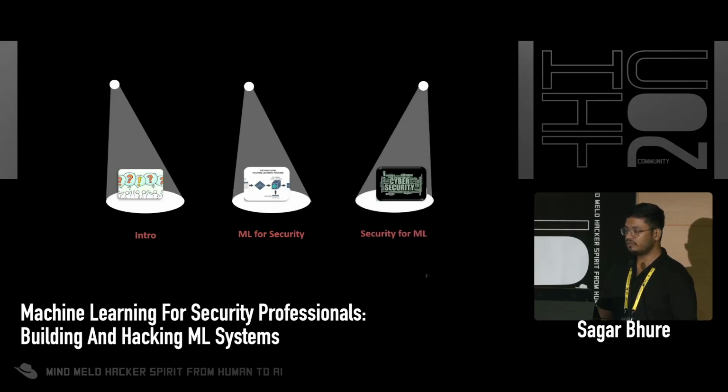And in the last half, we'll try to secure the machine learning deployments, because recently, with the advent of ChatGPT and other LLM frameworks, there has been a new threat landscape, which is quite new, and we are going to talk about it in the next half.